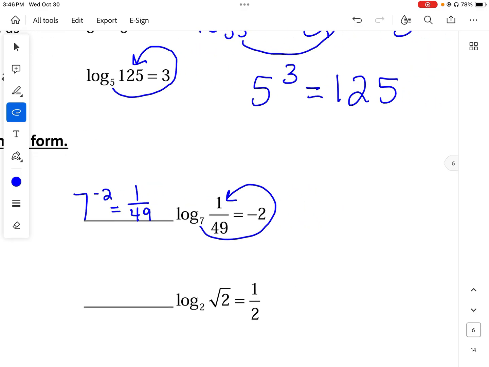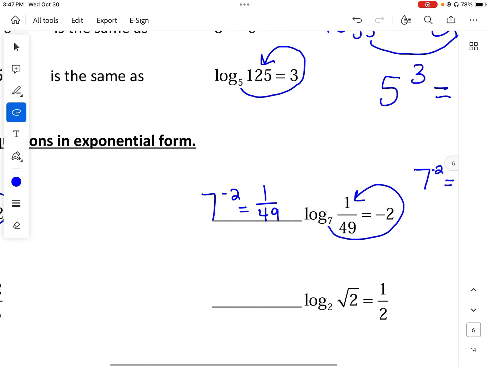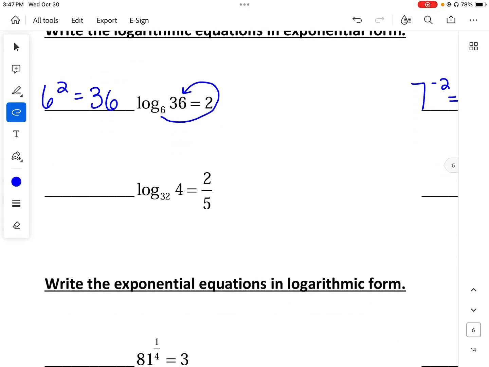The reason that's true is because 7 to the negative 2 is 1 over 7 squared, which equals 1 over 49, using the property of exponents. Okay, next one, do the swirl. 32, swirl it around. So 32 raised to the 2 over 5 equals 4. We could try that out in our calculator.